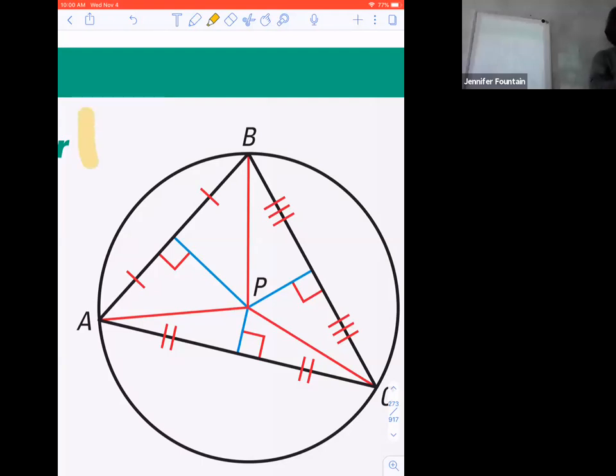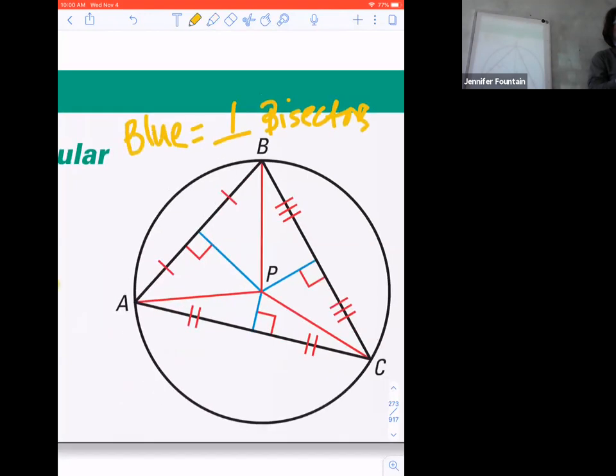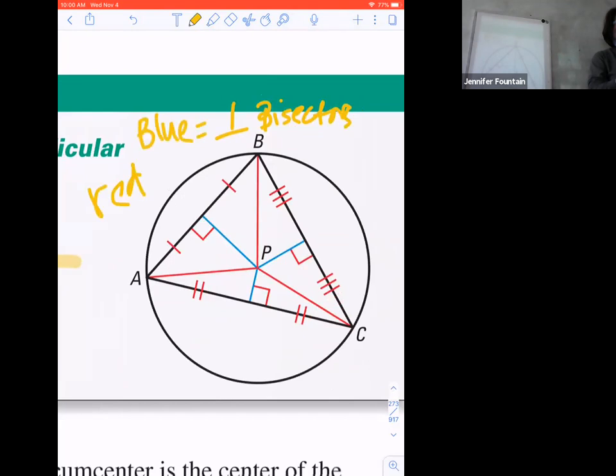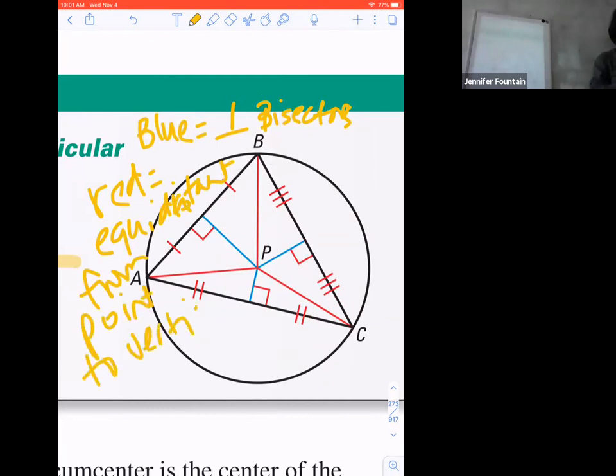If you need to make a note of that, blue equals perpendicular bisectors. It's just showing that the point is equidistant from the vertices. So that's the difference in these red and blue lines. The blue lines are the ones that are forming that point of concurrence.